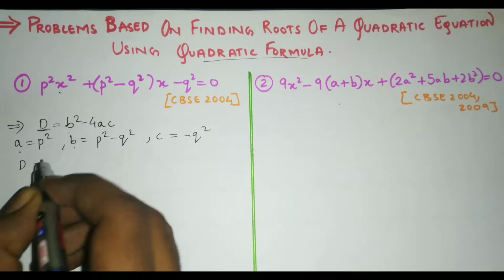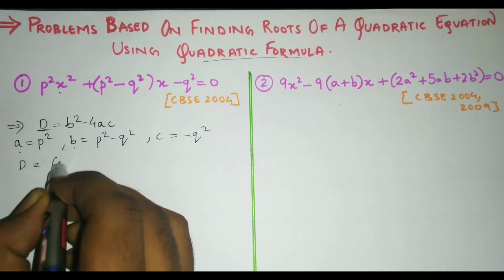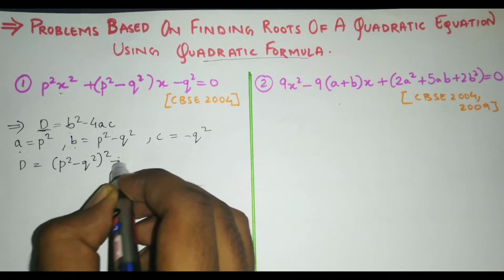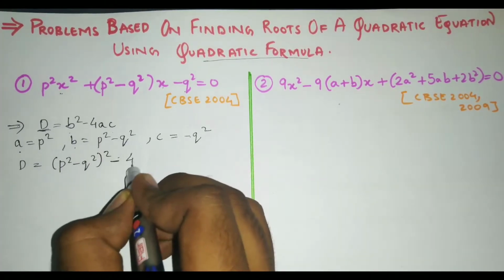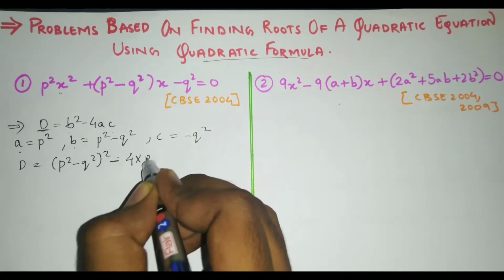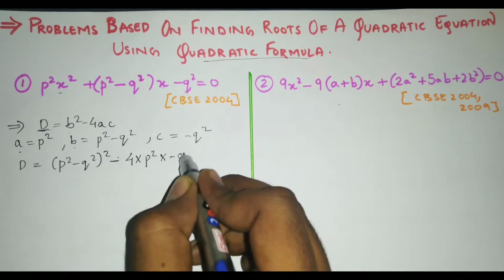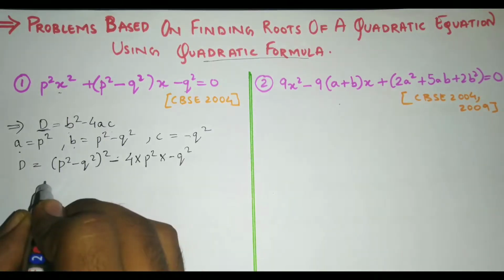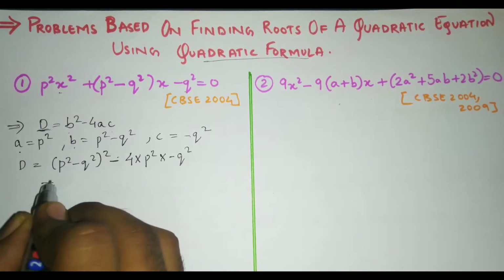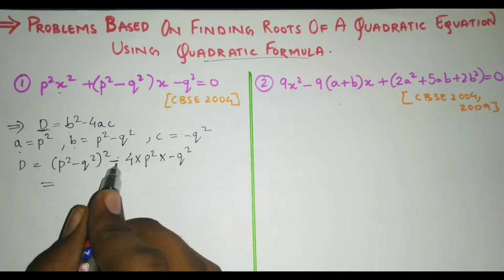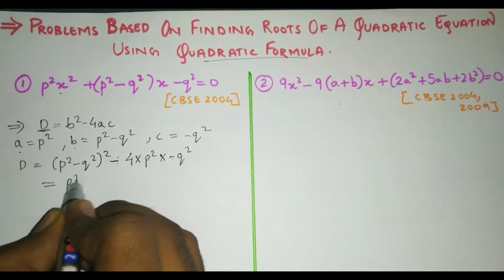So D equal to b square, which is p square minus q square the whole square, minus 4 into a, which is p square, and c is minus q square. So we can simplify.